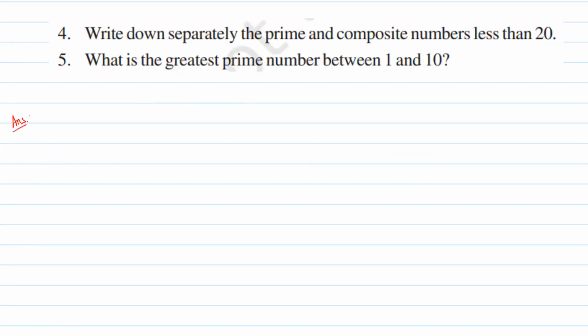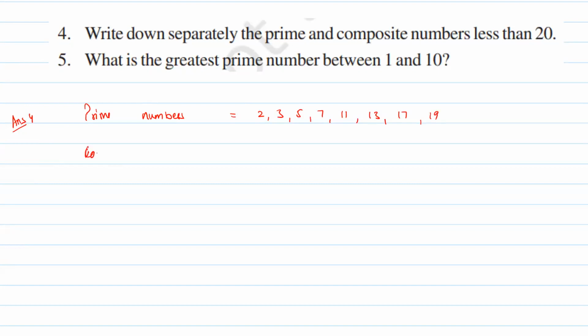Answer four. Write down separately the prime and composite numbers less than 20. Prime numbers less than 20 will be 2, 3, 5, 7, 11, 13, 17, and 19.